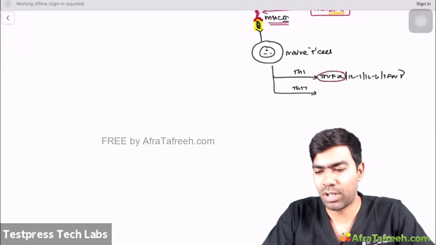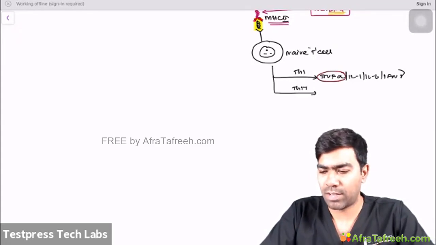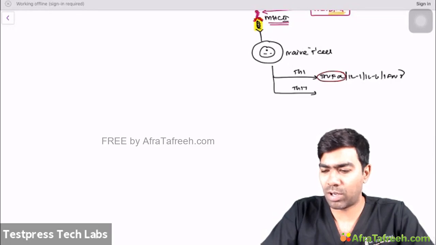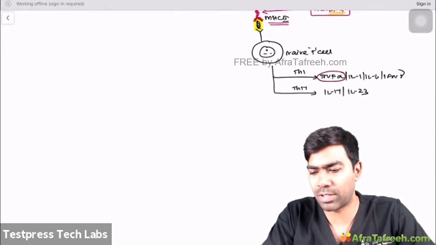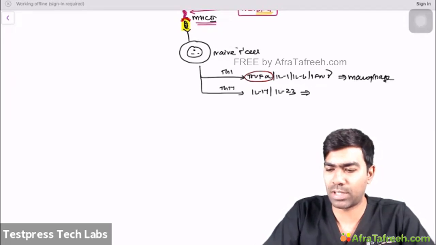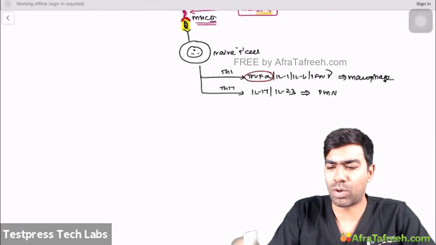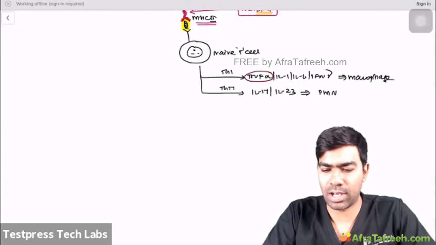As far as the T helper 17 response is concerned, which you have seen already, it can result in the development of IL-17 and IL-23, very important cytokines. This is going to be more of a macrophage-based response, you know that, and more of a granulomatous inflammation. This is going to be more of a neutrophil-based response. So both are activated basically in this setting. Sorry, IL-22.